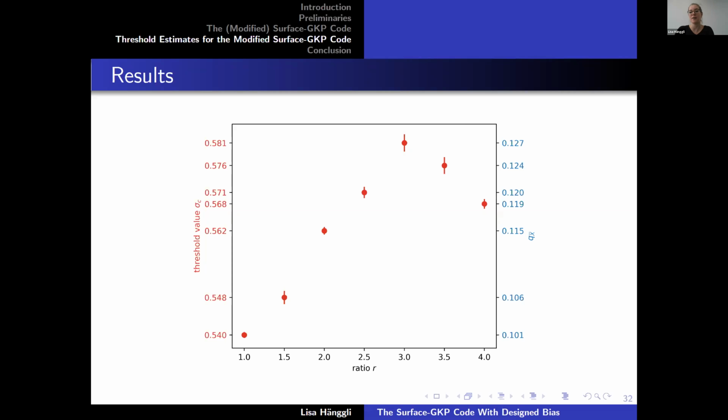It would actually be higher if we had chosen to start at even higher code sizes, which is difficult because the simulations already took pretty long. So I don't think the ratio 3 is a special point. I really think it's about the code size.